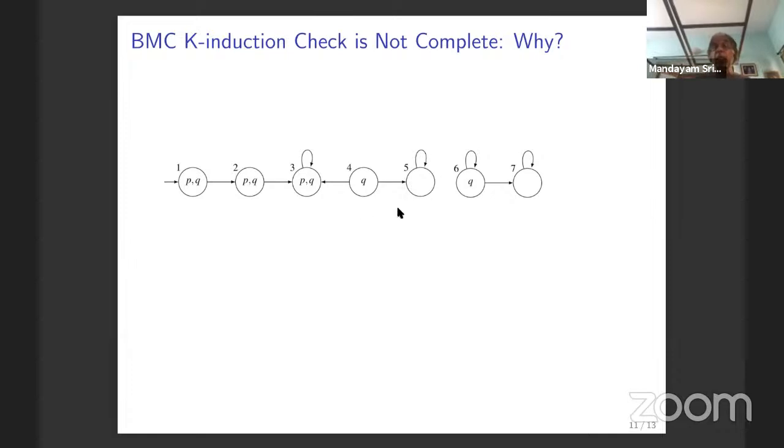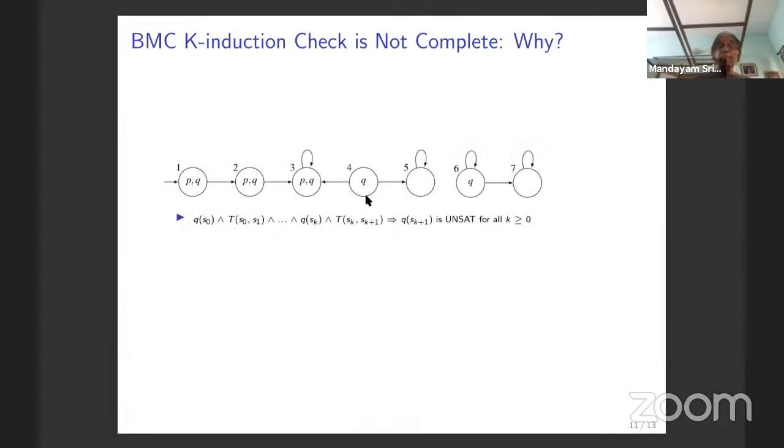Therefore, in order to make it complete, if you want to make the inductiveness checks, you have to make the inductiveness check stronger by strengthening the induction hypothesis. You will have to say that those paths should have no repeated states.